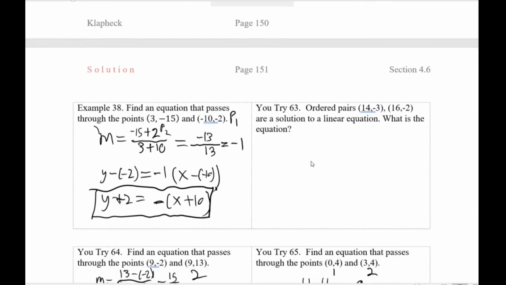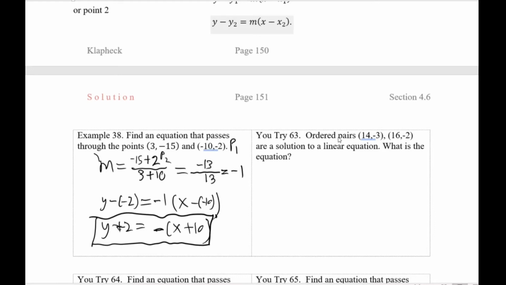You try 63. Ordered pairs 14, negative 3, and 16, negative 2 are solutions to a linear equation. What is the equation?